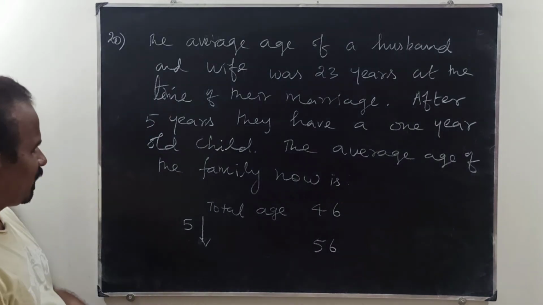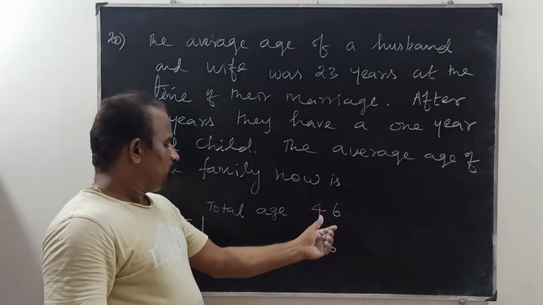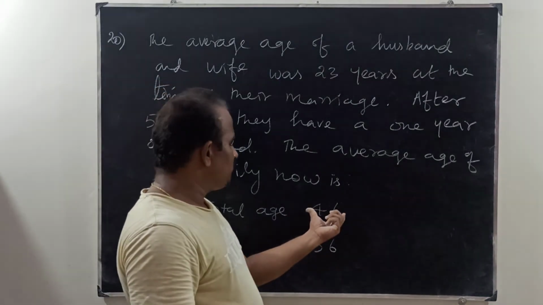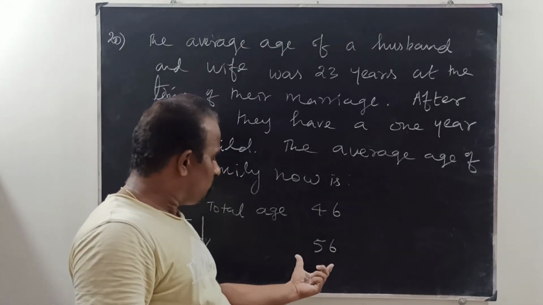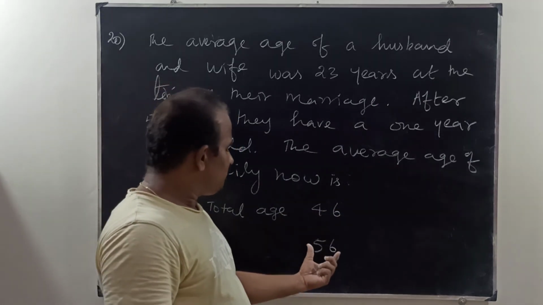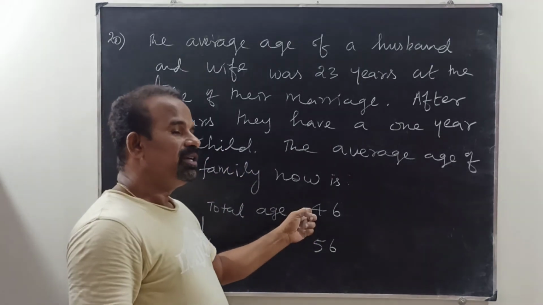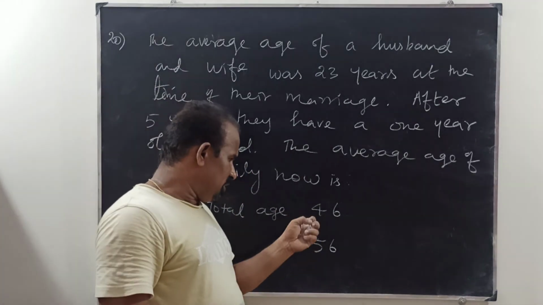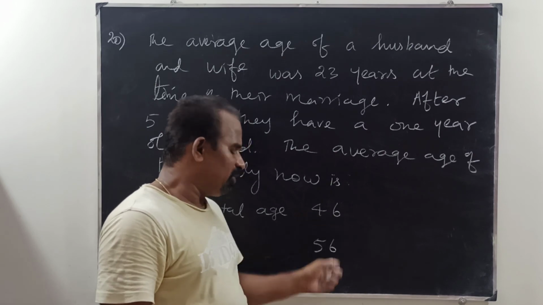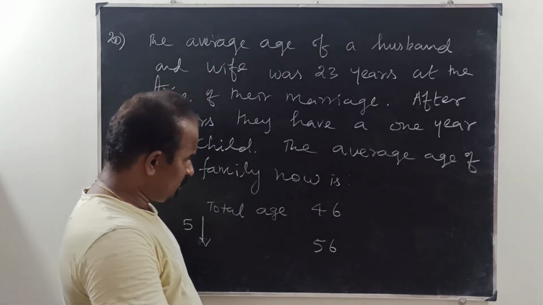Clear? Before, sum of their age is 46. Now their age each increased by 5, because after 5 years each is increased by 5, therefore 56.